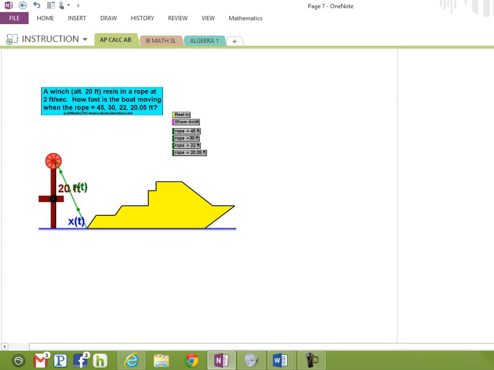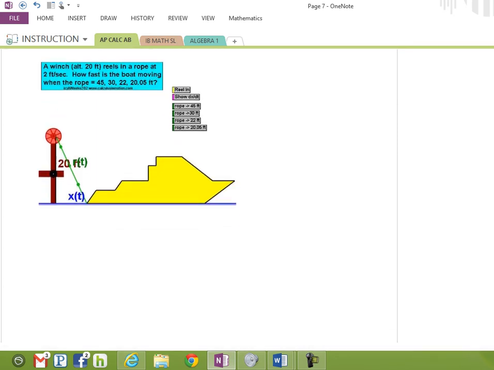So here we go. And again, there are a lot of different questions. We're just going to do one of them. It's repetitive otherwise. So a winch, and even though you already have a picture, you're still going to follow the steps. First I'm going to make a sketch. A winch reels in a rope at 2 feet per second. So the winch never changes height.